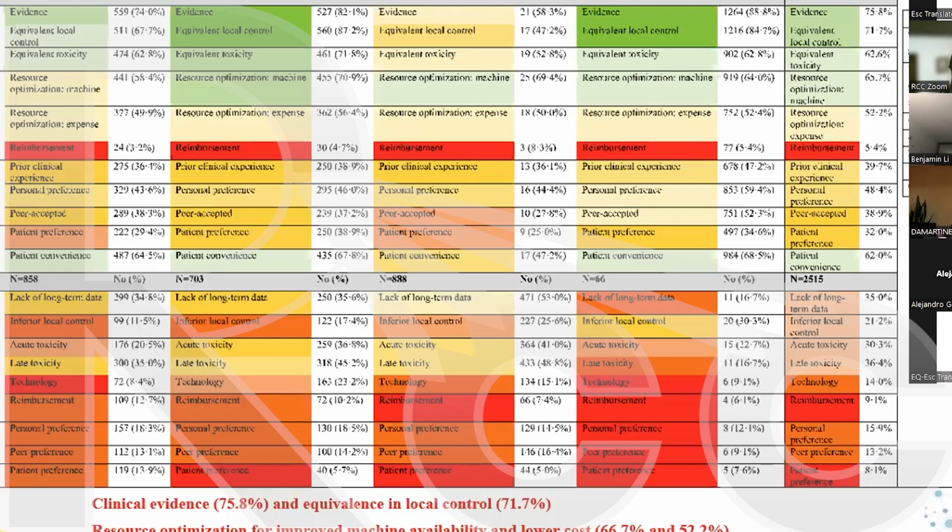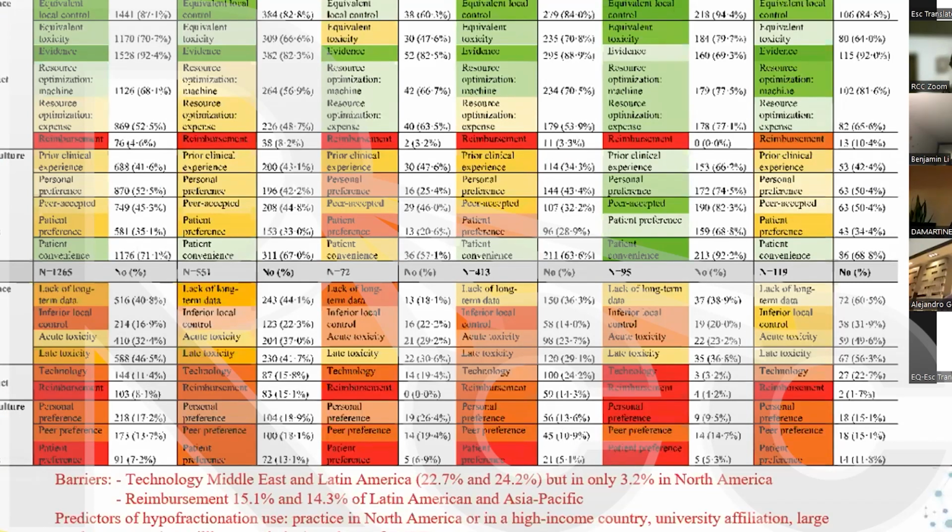It is important to see that optimizing the research and generating more availability of machines, because we have a large gap in the installed capacity, and reducing costs are also important for us. Additionally, the barriers of access are also associated with not having long-term results of implementation of hypofractionation, or the fear of the probability of acute or late results.